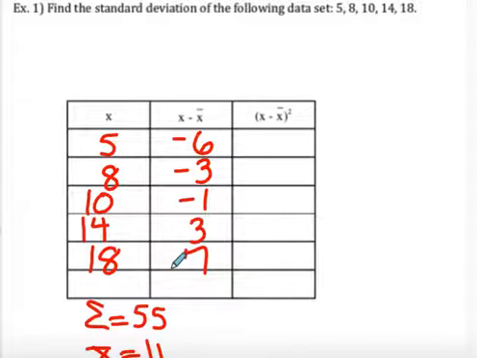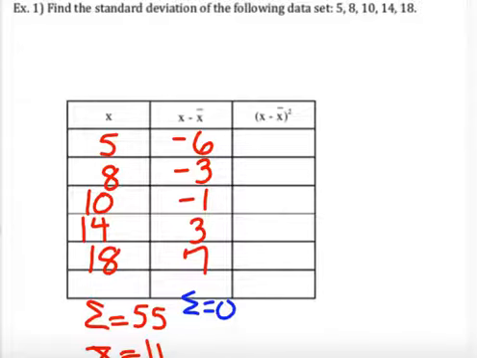What do we get? 0. If you calculated your mean correctly and you subtracted all of these correctly, you will get a 0 every time. In a 5-step process, you don't want to get the answer wrong at the end. Adding up this column is a checkpoint.